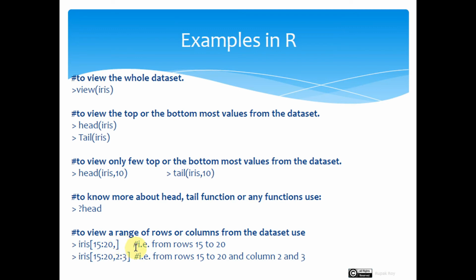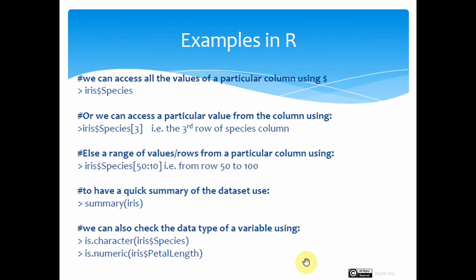Close the bracket and done. The same goes for the second example. We can also easily access all the values of a particular column by using a dollar symbol. For example, dataset dollar column name, and to access a particular value from the column, define the position and it's done. For a range of values from a particular column, again simply define the range.